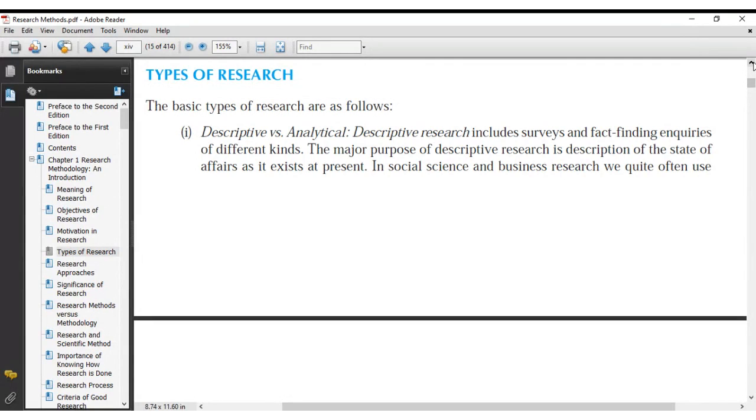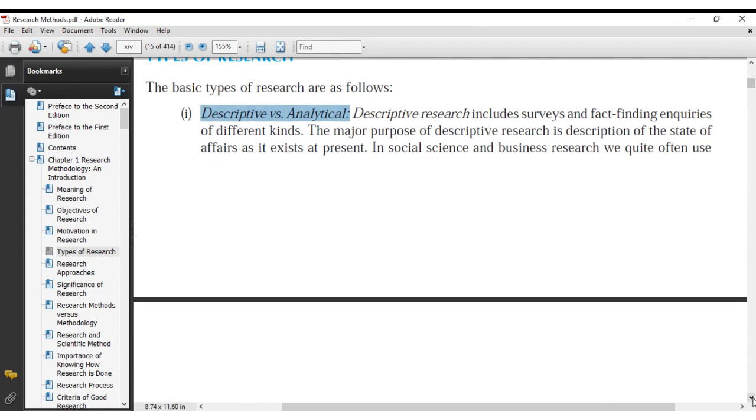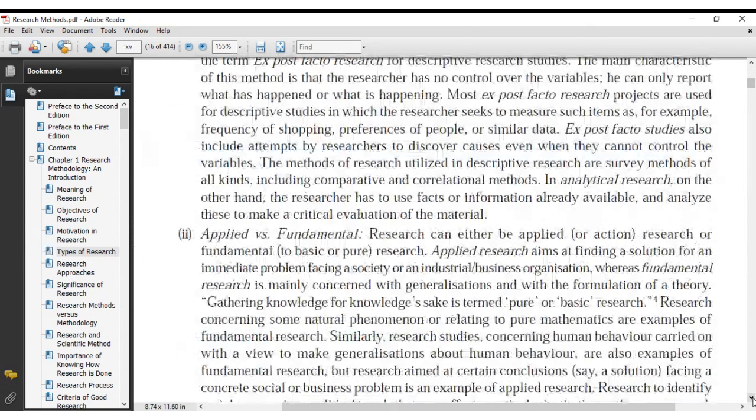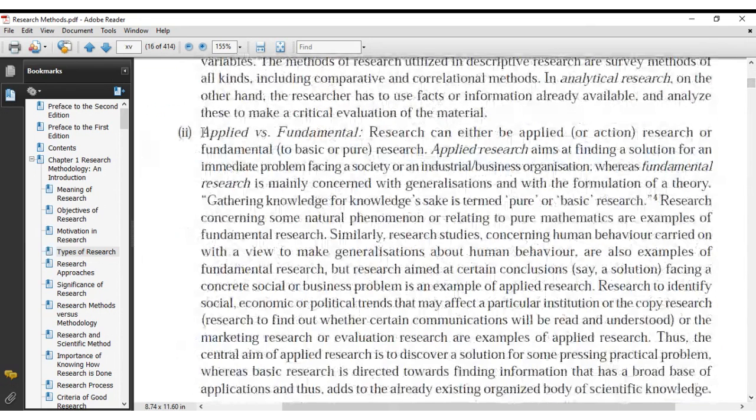So the first one, or we can first go through them. We have descriptive versus analytical research. Then we have applied versus fundamental research. Then we have qualitative versus quantitative research.